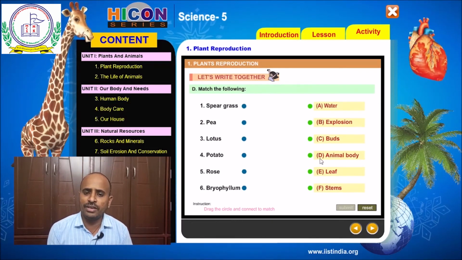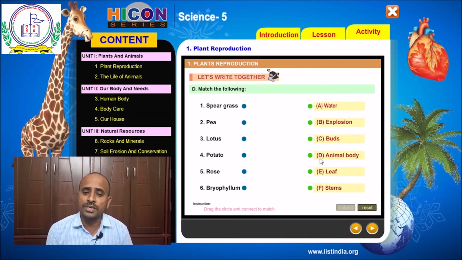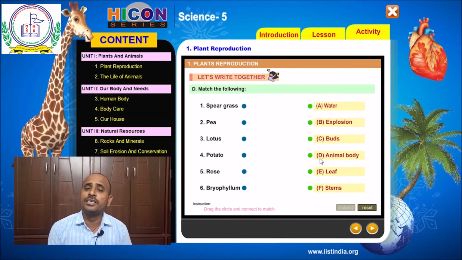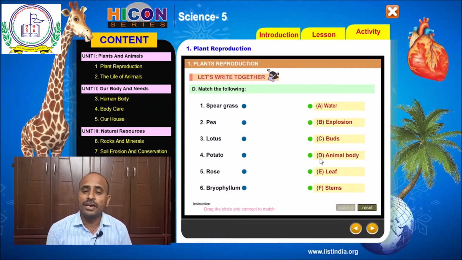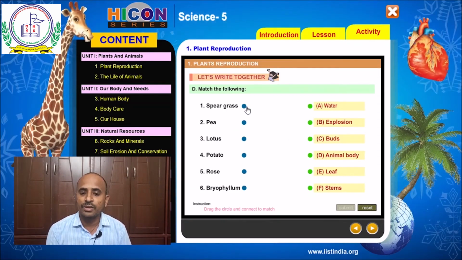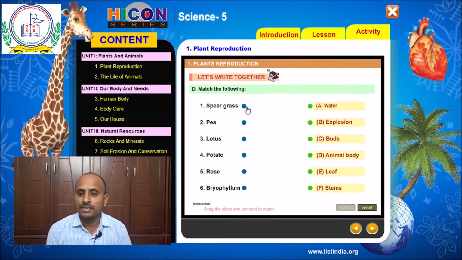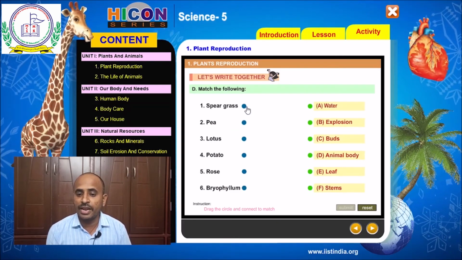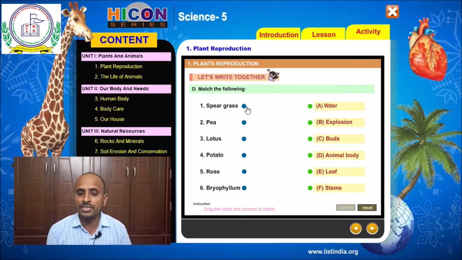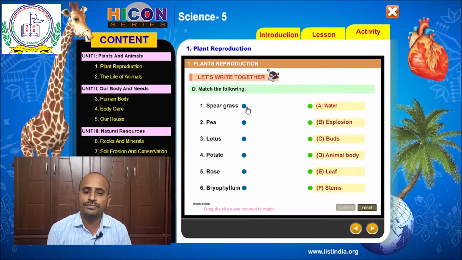First, spear grass. Spear grass has seeds with spikes, and these seeds are dispersed by animals. So spear grass seeds are dispersed by animal bodies. So match spear grass with animal body.